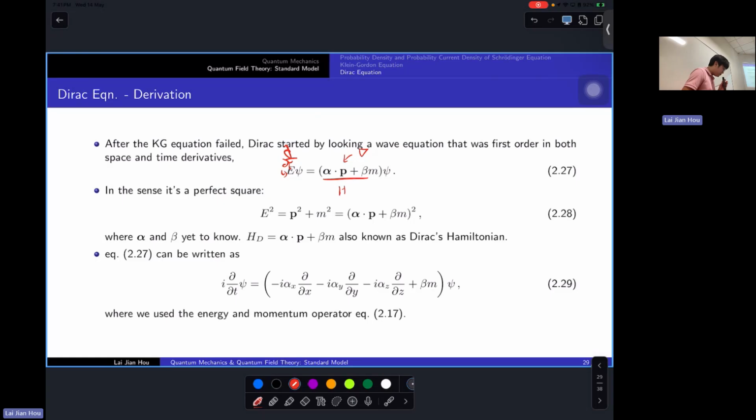If you are writing down the form of equation 2.27, this P can be expressed as Px, Py, and Pz. In operator form it is negative i del over del x for the x component, and y and z for the y and z components. So the dot product of alpha and P together.